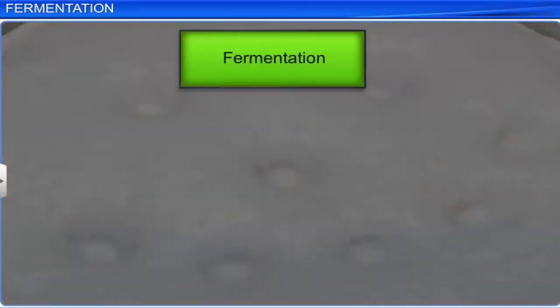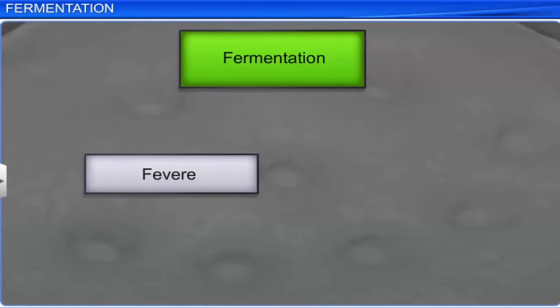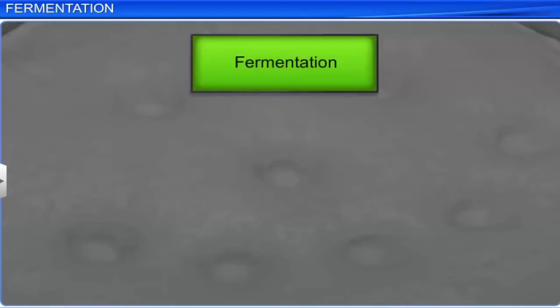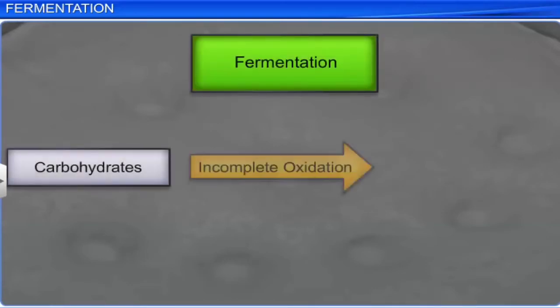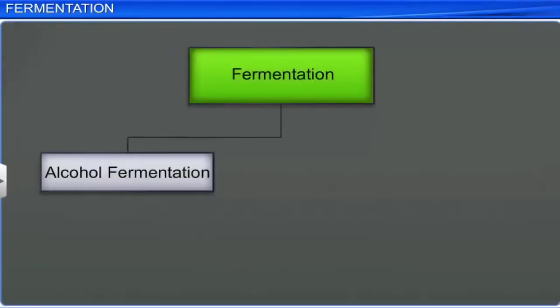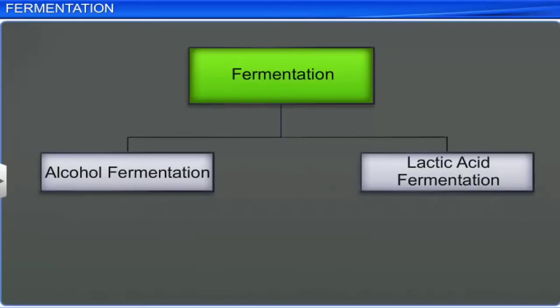The term fermentation is derived from the Latin word fervere, which means to boil. In it, complex substances like carbohydrates undergo incomplete oxidation. Based on the end product, the process can be classified as either alcohol fermentation or lactic acid fermentation.